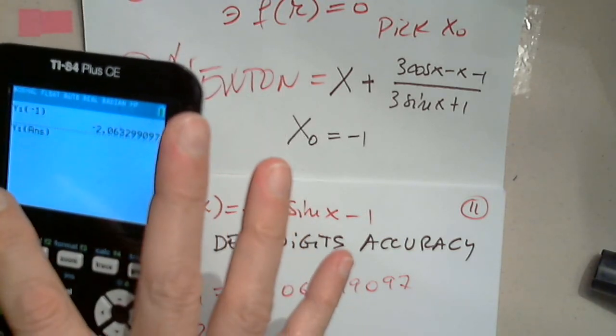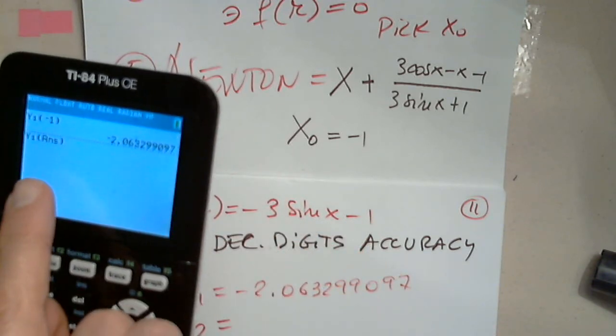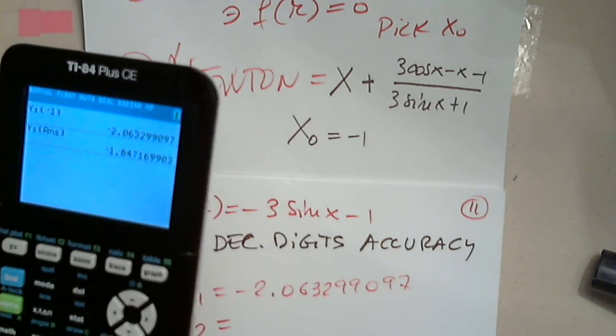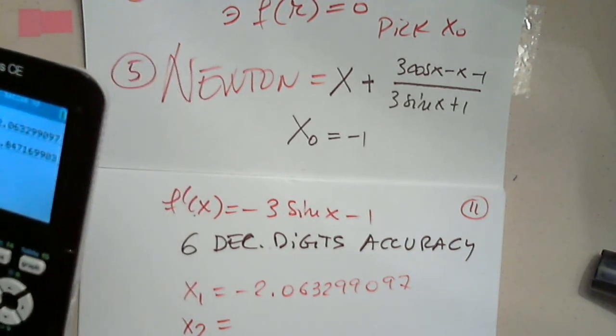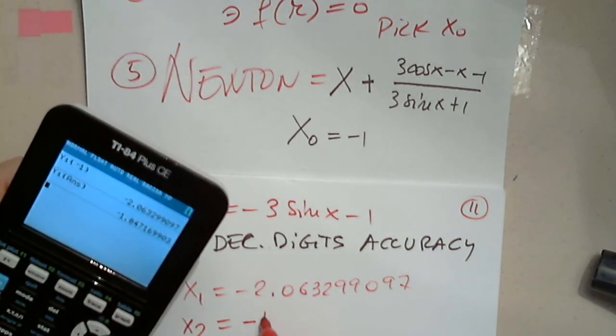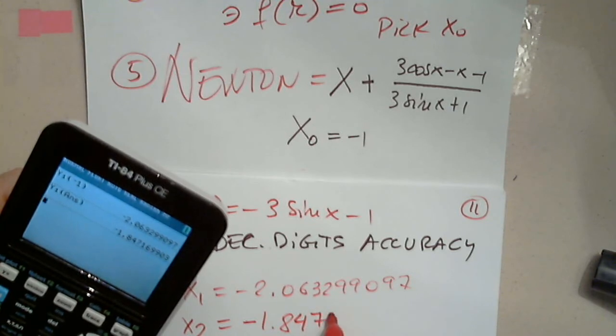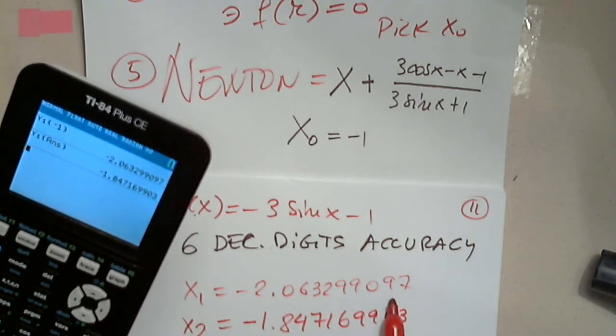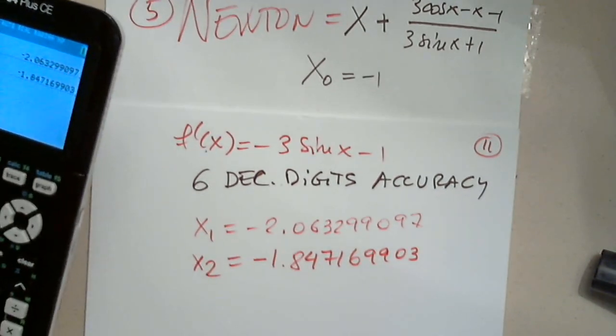So I have y1 now that will be evaluated at the previous answer. And when I press enter, I know I'm on the right track. Negative 1.847169903. You can ask, why are you copying all these? In a moment you'll see.